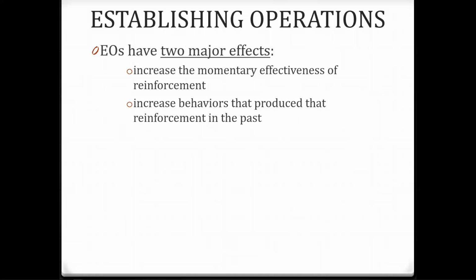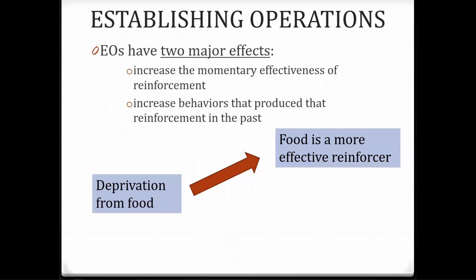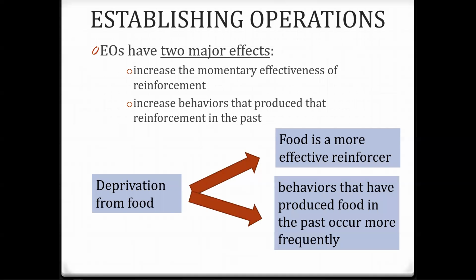So EOs, establishing operations, have two major effects. They increase the momentary effectiveness of reinforcement, and they increase behaviors that have produced that in the past. So if you have deprivation from food, then food can become a more effective reinforcer, and it becomes more likely that behaviors that have been reinforced in the past will occur.